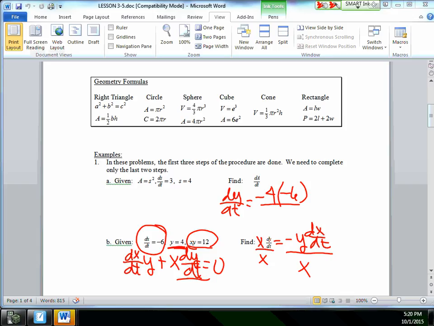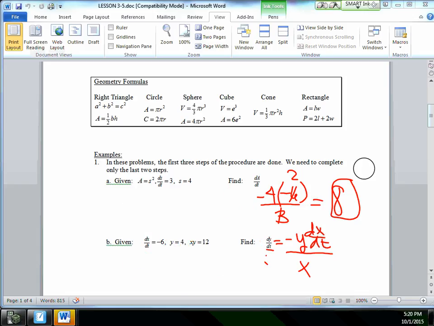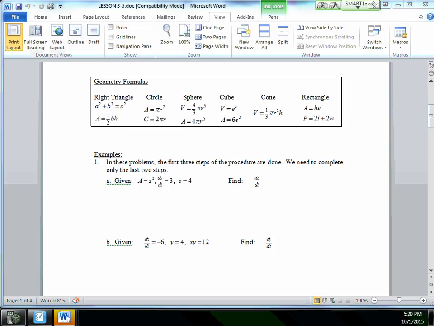If we have an equation, and we have x times y equals 12, and we know what y is, then that means x would have to be what? It would have to be 3. So then, that's 2. We get 8. So dy/dt is 8. This, I don't have any units, so I'm not going to put any on there. Okay, so hopefully that kind of gets you warmed up. Now we're going to see an actual story problem with this.